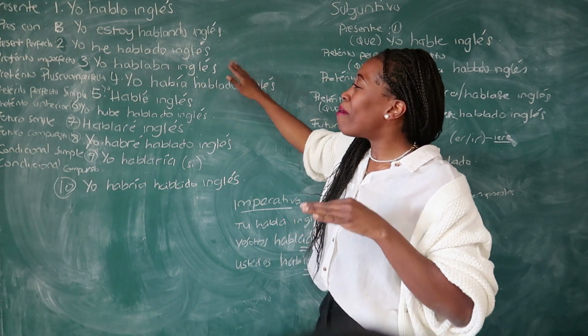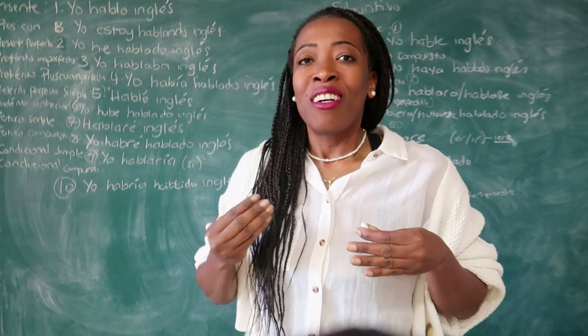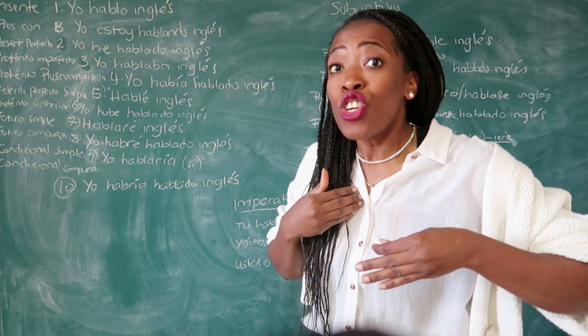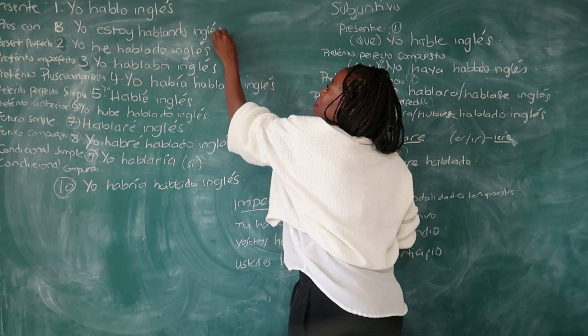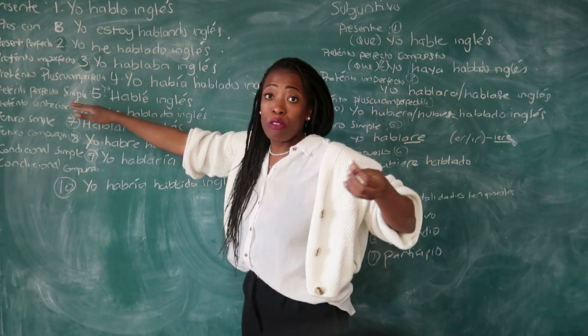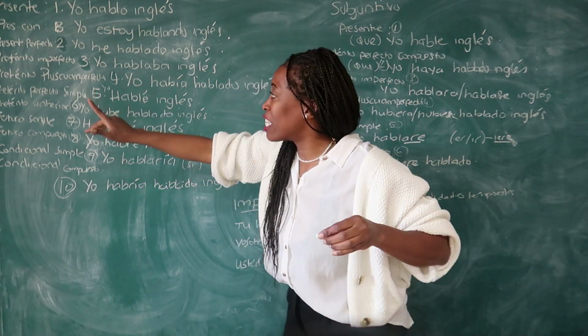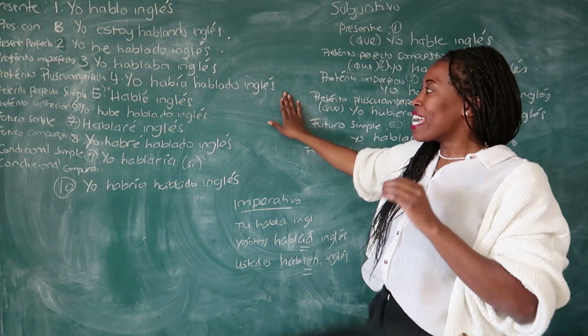Next, el pretérito imperfecto. Yo hablaba inglés. The imperfect, in English we would say used to. I used to speak English. Yo hablaba inglés. Implying that you don't now, or maybe you still do, I don't know. Pretérito pluscuamperfecto. Yo había hablado inglés.